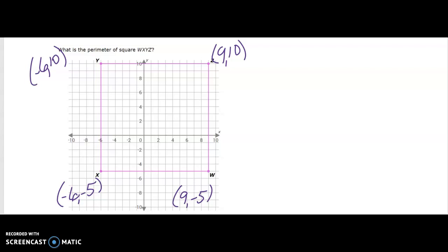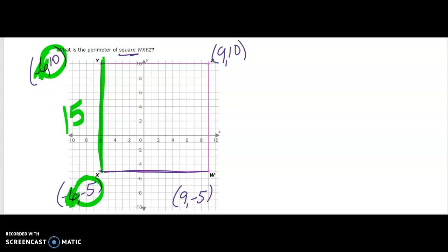So on this, our x's are the same. So this length is going to go from 10 down to -5. If I go from 10 to -5, I have gone 15. And we know it's a square, so I don't have to do any more calculations. So that's going to be 15.